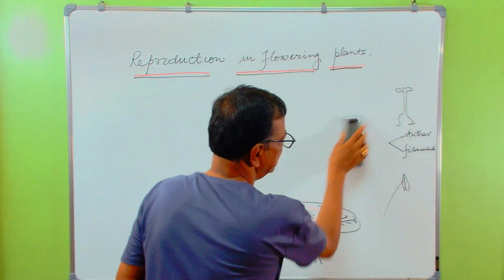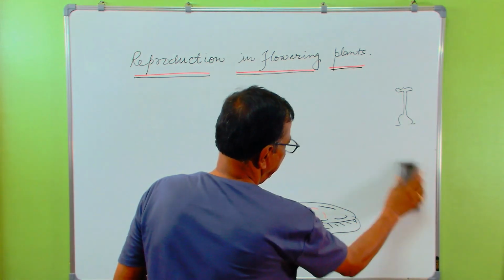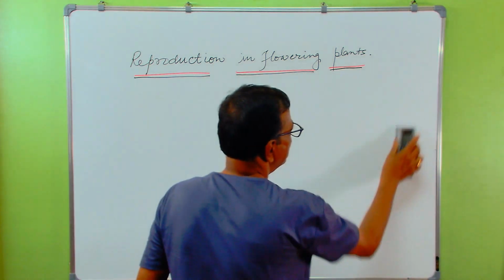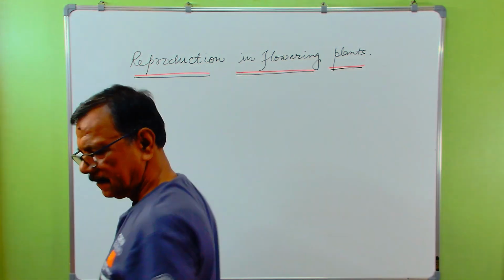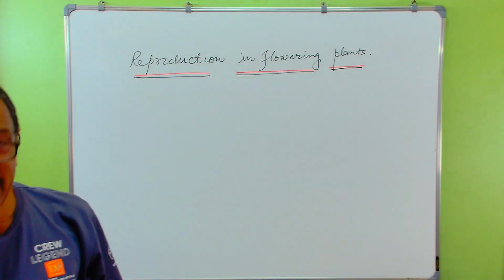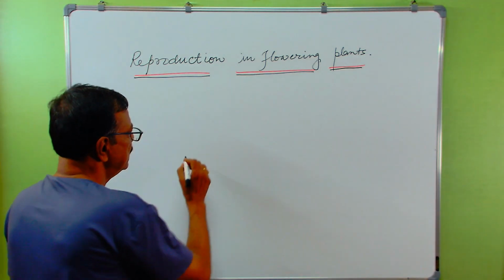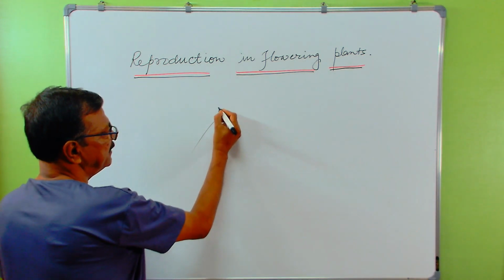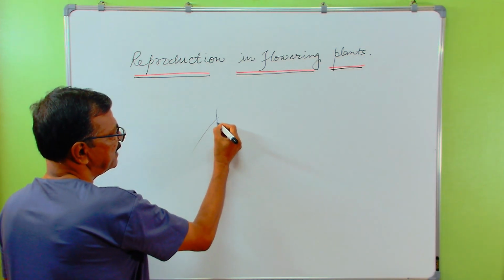Now let us start with the androecium. Androecium is made up of filament and anther. So this is filament and anther remains like this.